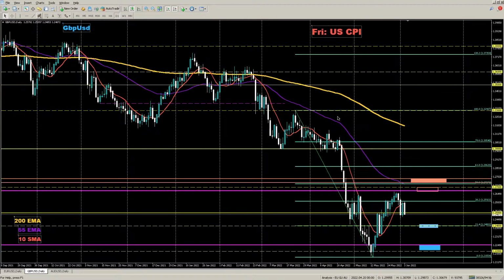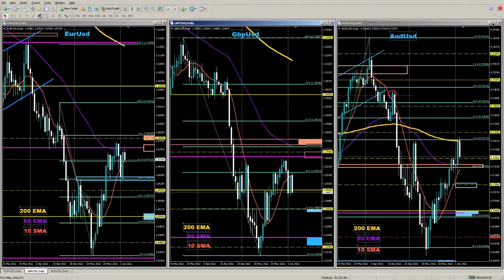Okay. So more consolidation for next week, and we'll see how this compares with the euro, which has the ECB announcements coming up. Let's move on to the Aussie dollar.